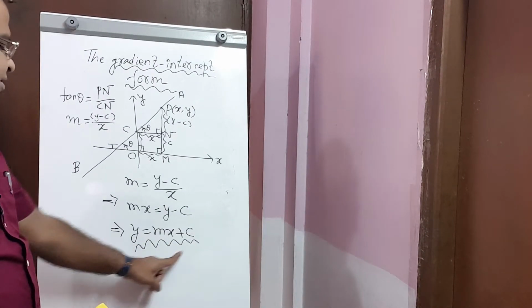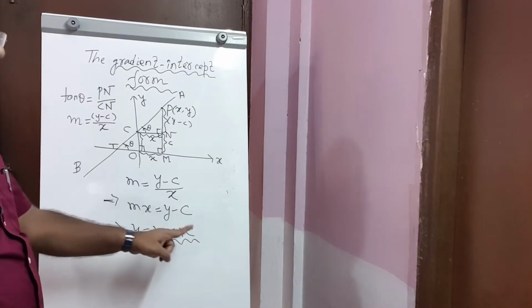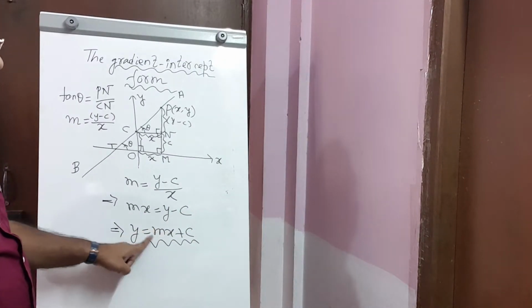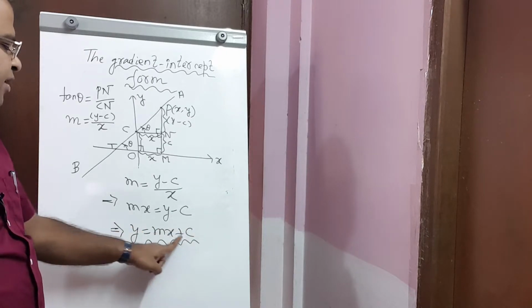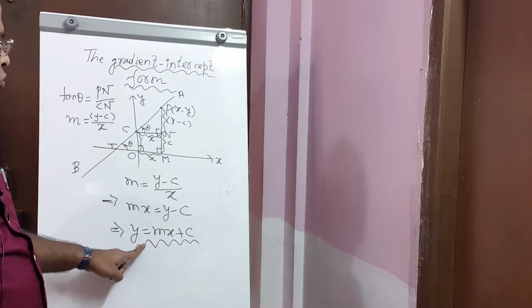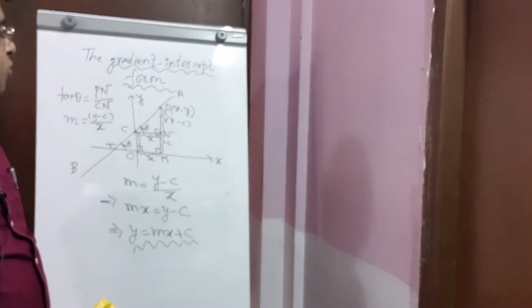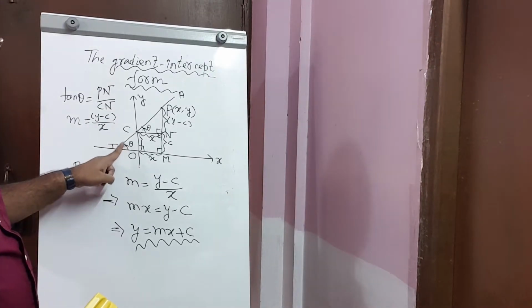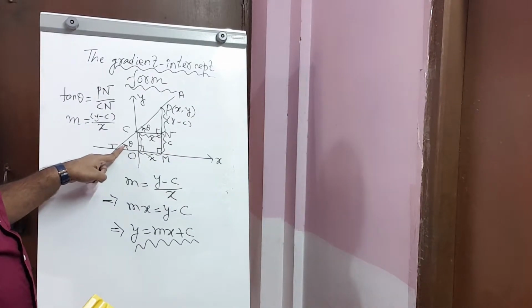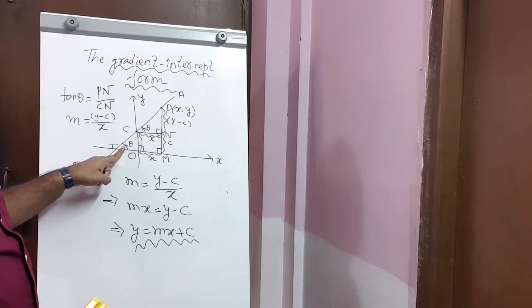As the name suggests, in this form the coefficient of x represents the slope and the constant term represents the y-intercept, hence the name slope-intercept form. Whenever the angle of inclination of a line with the x-axis is known, that is theta is known, m is known because m is tan theta.